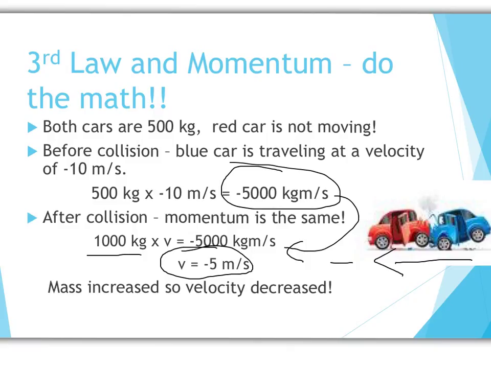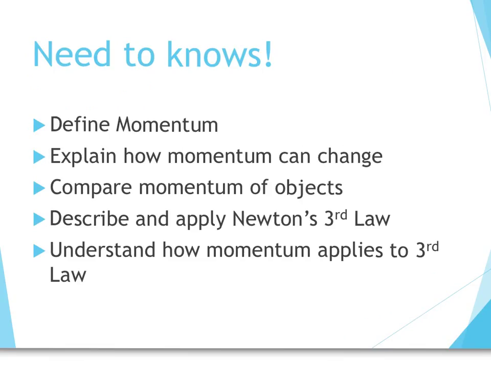So when the blue car hits the red car, that slows it down. That's because of Newton's third law, where the blue car exerts force on the red one, but the red one exerts an equal force back. Overall, though, momentum is conserved, or kept the same, which means even though there's equal forces, the cars will still continue to move in a negative direction, just at a slower rate because of the forces involved.